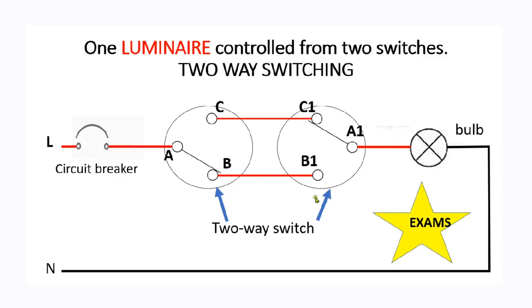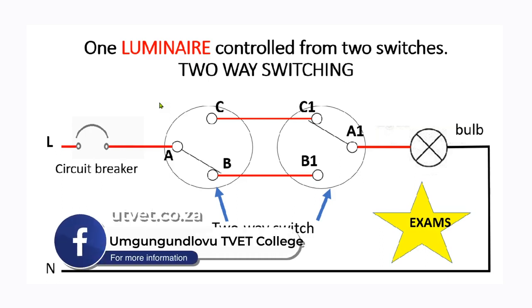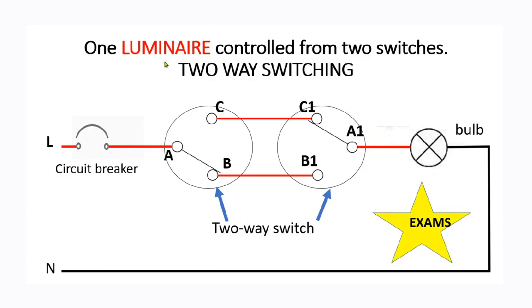Now we're going to come across this drawing which I was telling you about, and you need to know it for your exam purposes. This is what this heading says. It says one lumina controlled from 2 switches. Whenever you come across this big English word lumina, all I want you to do is to think of a bulb.